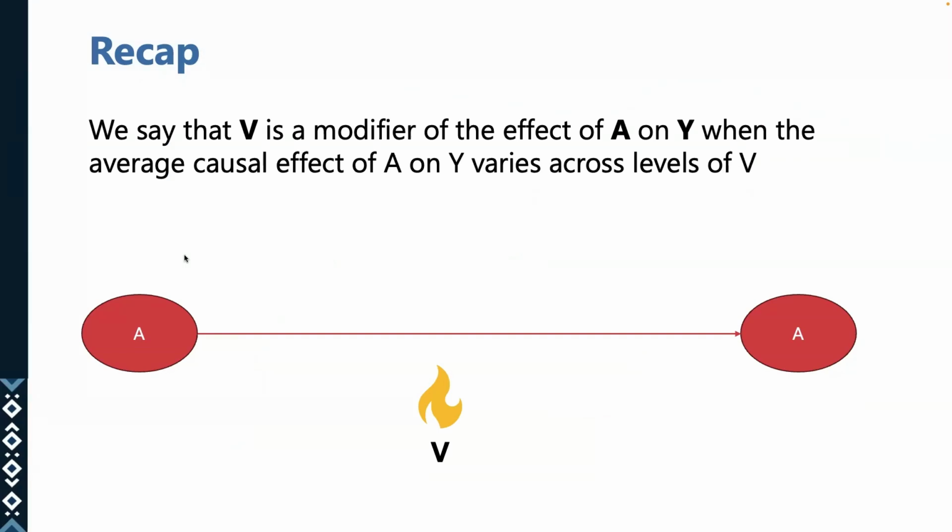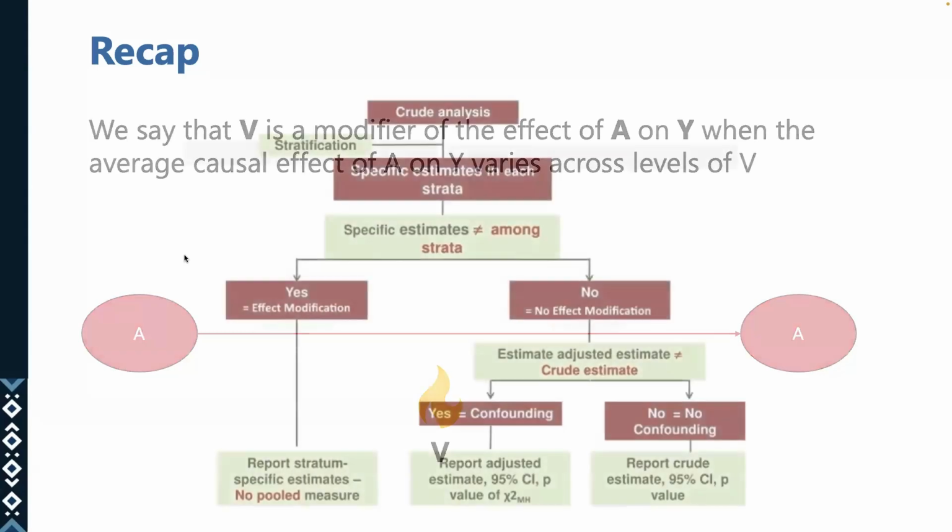On the right, it should be the outcome Y. We say that this other variable, which is called V, is a modifier of the effect of A on Y when the average of this effect varies across the different levels of V. You can just assume, like, there's a bit of fire, and at different intensity of the fire, you have different effect sizes.